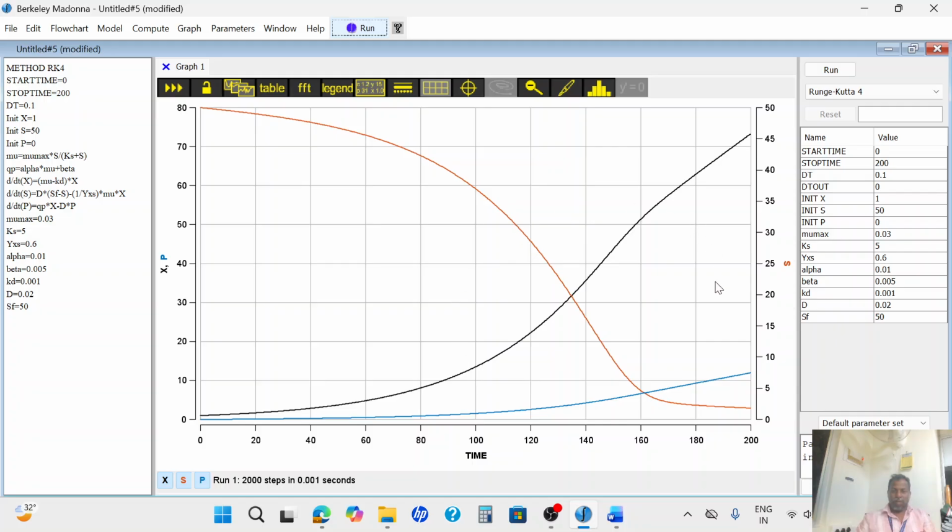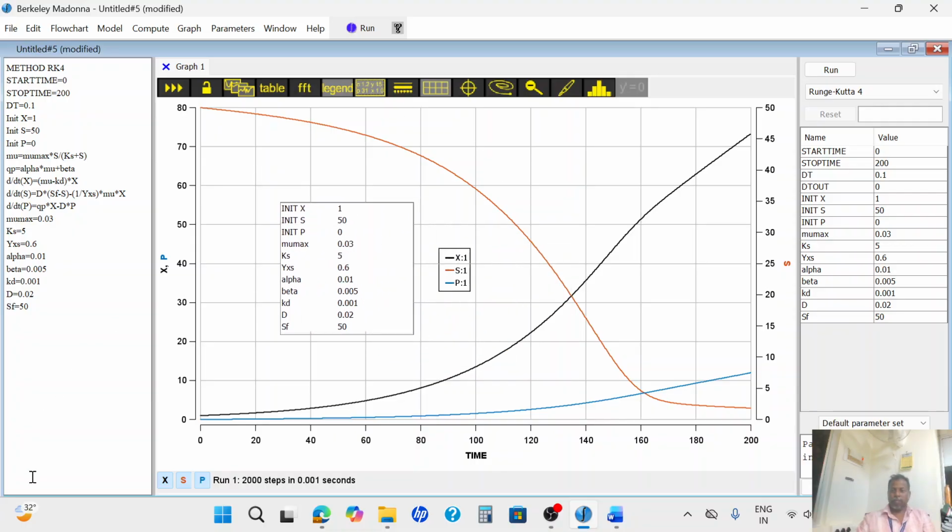These are the expected results, legends, then initial conditions. You can see how the substrate is reducing, how the product is increasing, as well as biomass is increasing. Thank you.